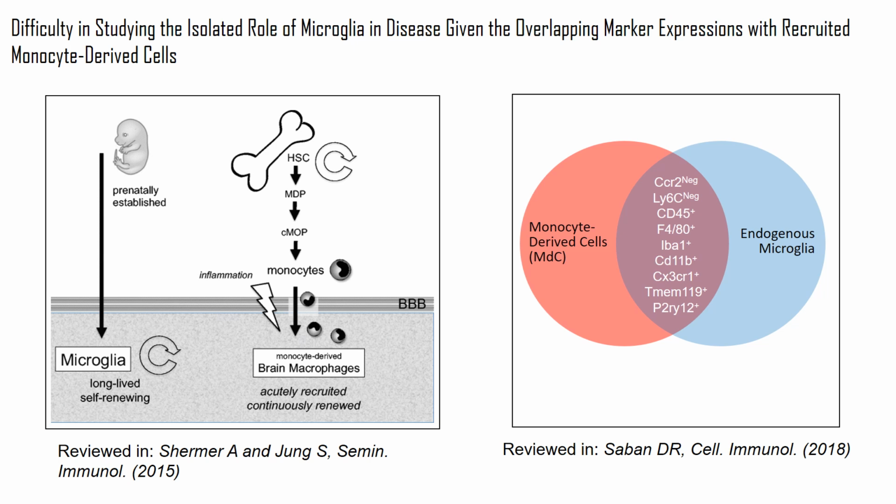Once they become macrophages, they are phenotypically indistinguishable from microglia. That is, their marker expression very much overlaps the microglia. Specifically, CCR2 and Ly6C get downregulated, and then you get upregulation of macrophage markers such as F4/80 and IBA1, and the rest of this list.